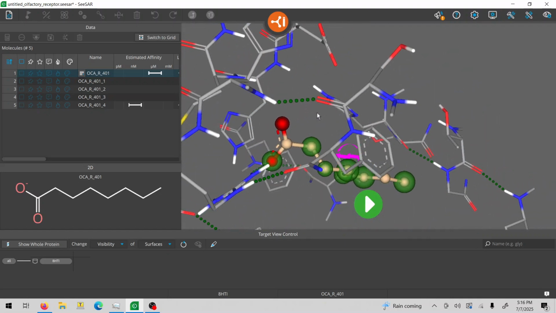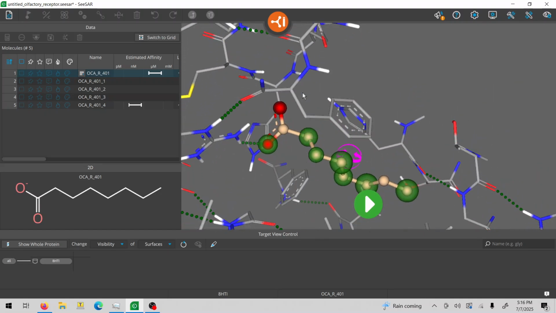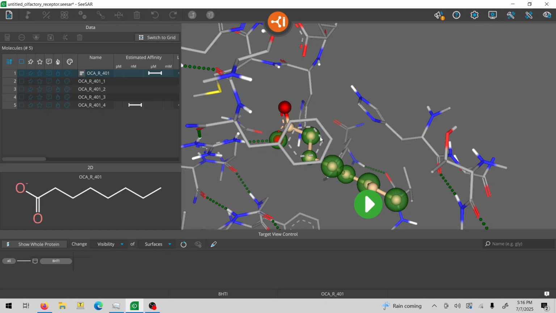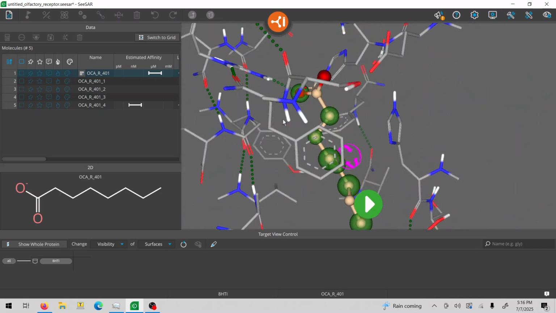But as you can see, this is not the standard conformation of octanoic acid. The standard conformation of octanoic acid with the lowest energy would be up, down, up, down, up, down, up, something like that. But as you can see, it's not minimum energy.